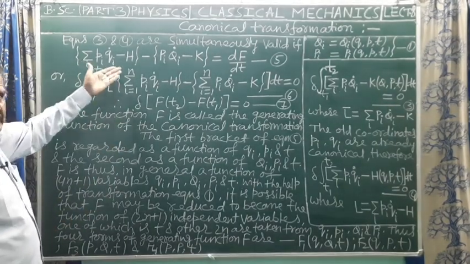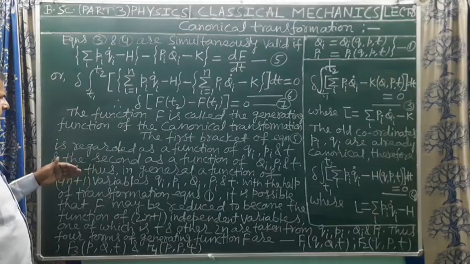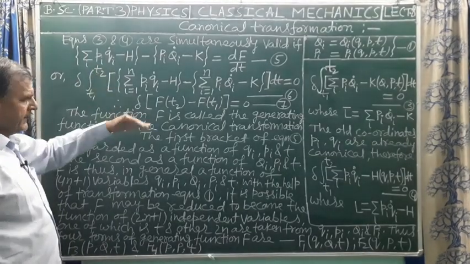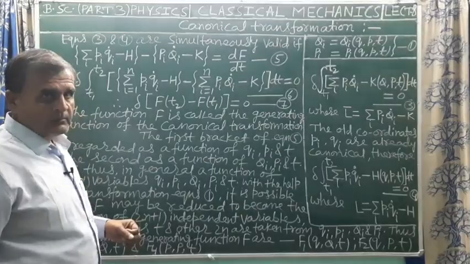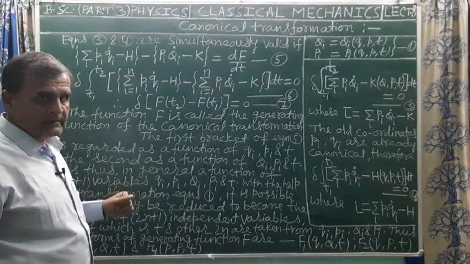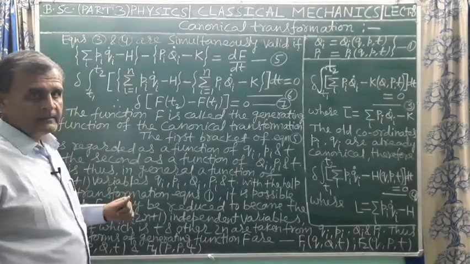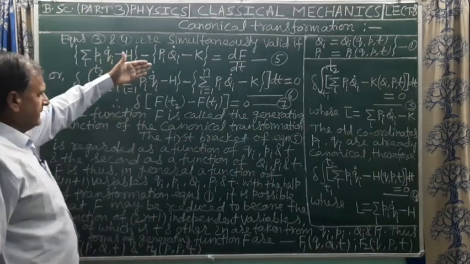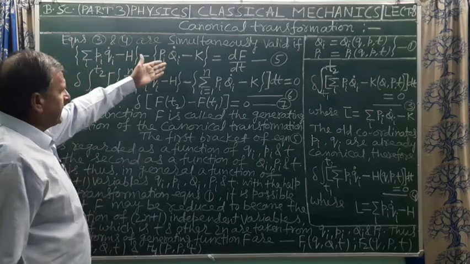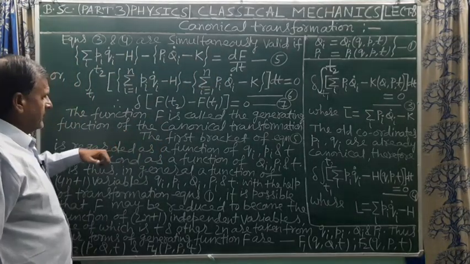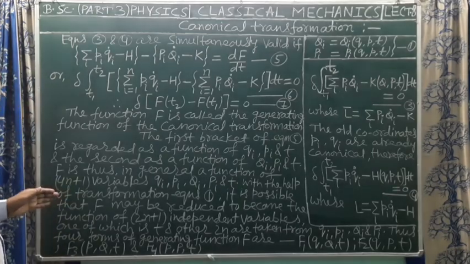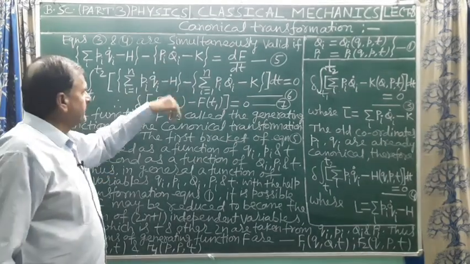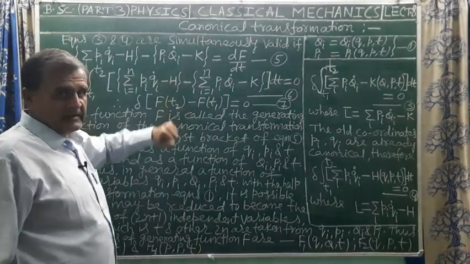The first bracket of equation 5 is regarded as a function of a small qi, a small pi and t, that is position coordinate a small qi, momentum coordinate a small pi in the old coordinate system and time t, while the second bracket of equation 5 is a function of capital Qi, capital Pi and time t.